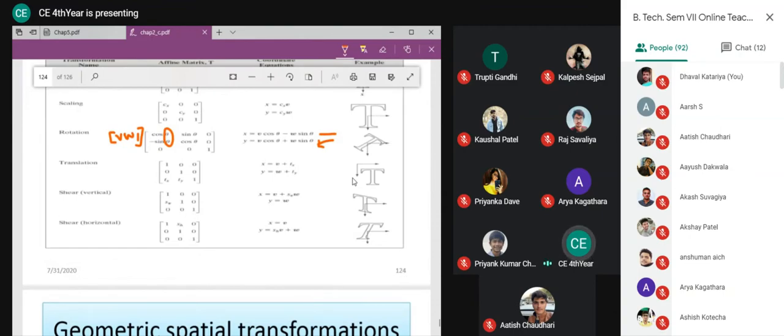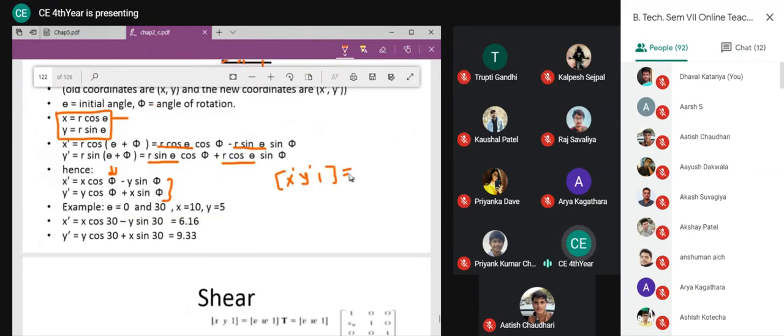That is equal to x, y, 1, the old coordinate, multiplied with this: cos phi, sin phi, and I don't want to add any constant here, so I will write 0.